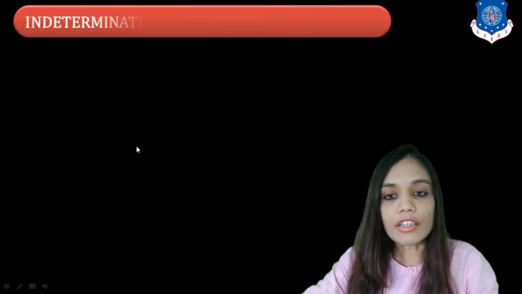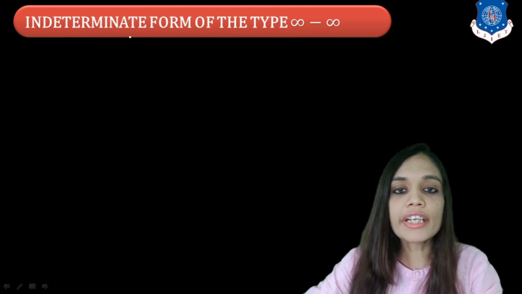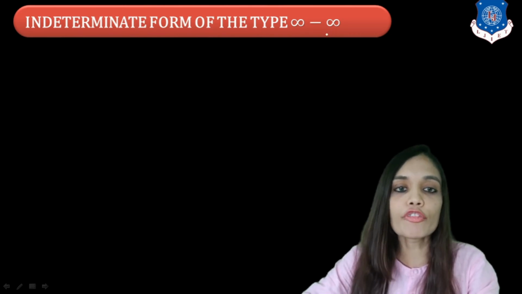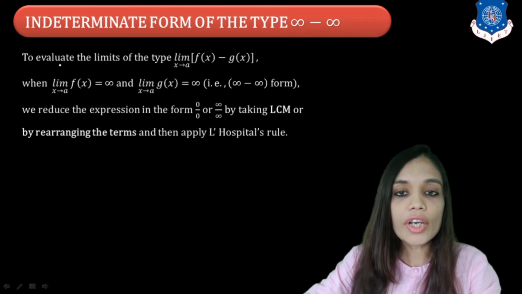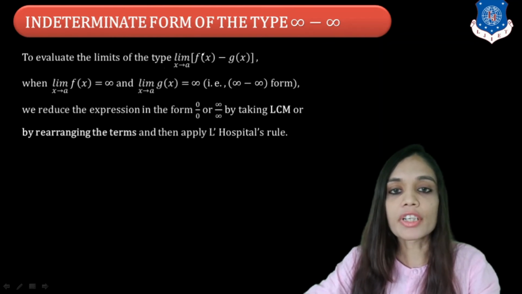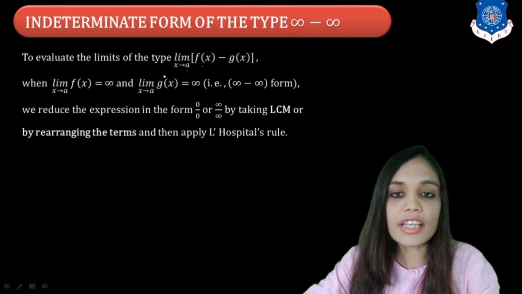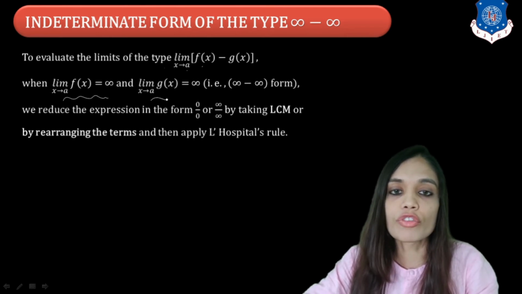Now let us study one more indeterminate form of the type infinity minus infinity. To evaluate the limits of the type limit x tends to a f of x minus g of x, that is when limit x tends to a f of x goes to infinity and limit x tends to a g of x goes to infinity.